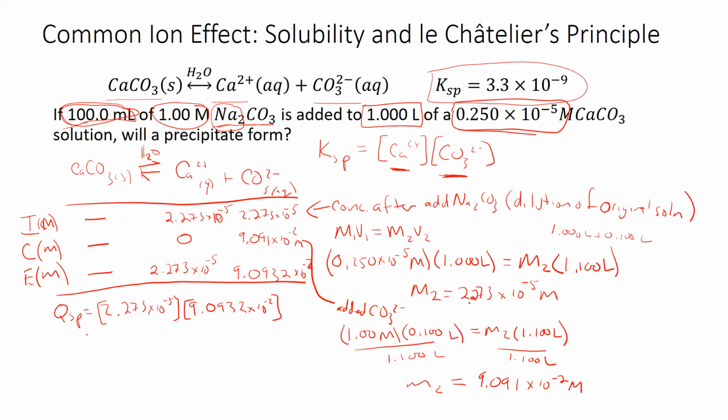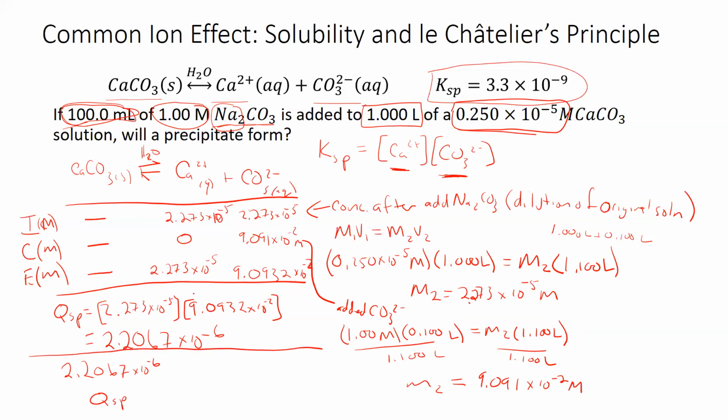Okay, and so the QSP comes out to be 2.2067 times 10 to the -6. And so now you can compare those two, right? You can say, okay, well, 2.2067 times 10 to the -6, that's our QSP.